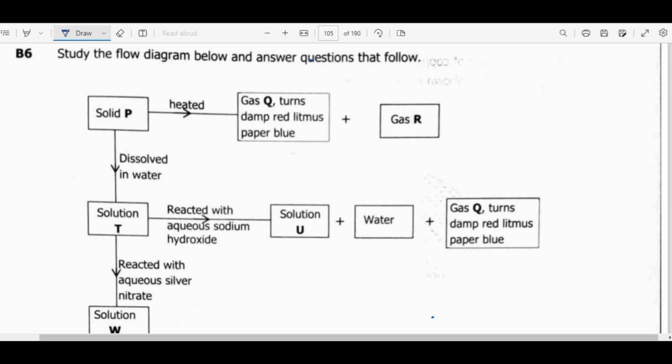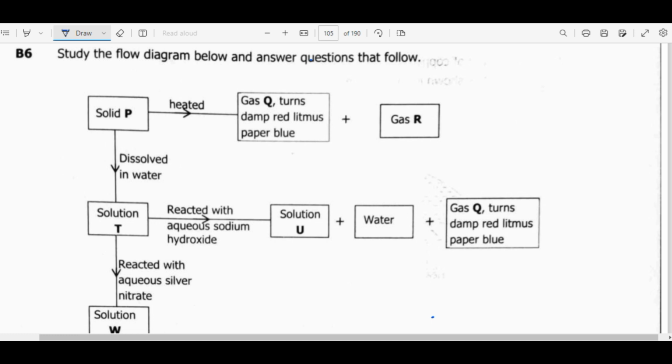Whenever you have a question like this one and you are given a reaction scheme, it is very important that you study this carefully. For us to have a clear picture, we need first to look at the genesis of these reactions.